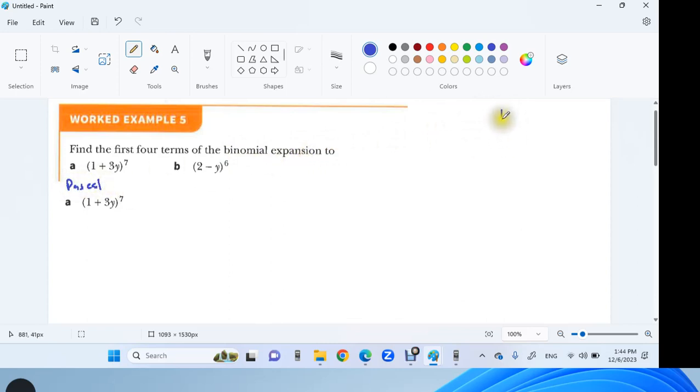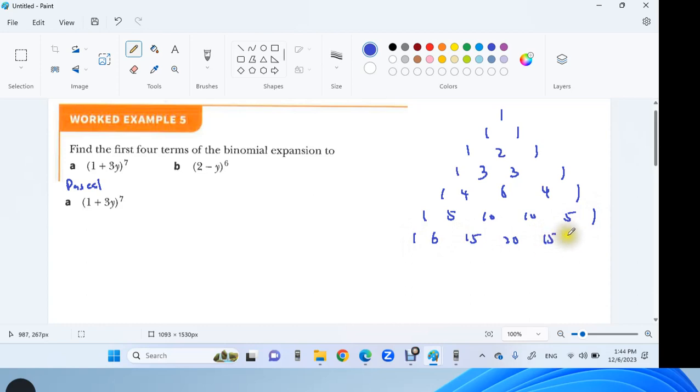Using Pascal's triangle, it will be 1; 1, 1; 1, 2, 1; 1, 3, 3, 1; 1, 4, 6, 4, 1; 1, 5, 10, 10, 5, 1; 1, 6, 15, 20, 15, 6, 1; and 1, 7, 21, 35, 35, 21, 7, and 1.